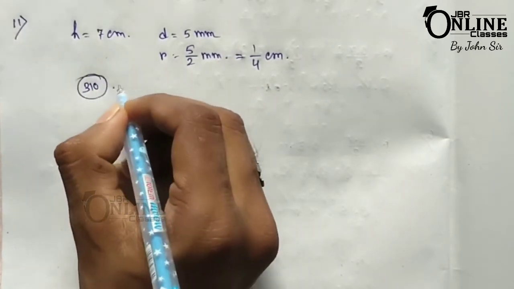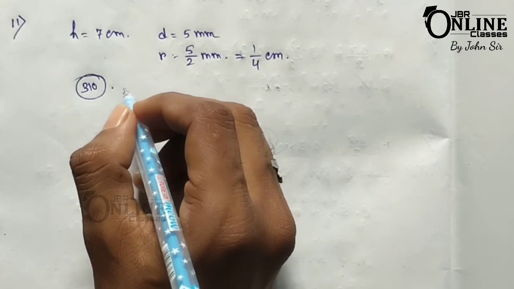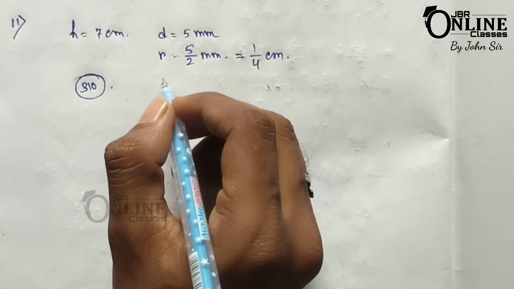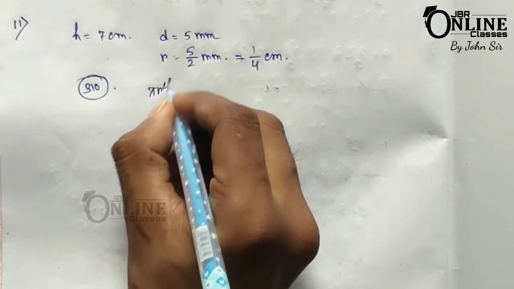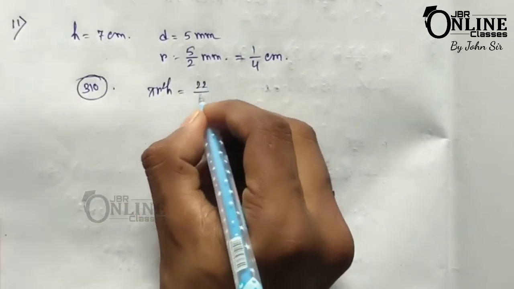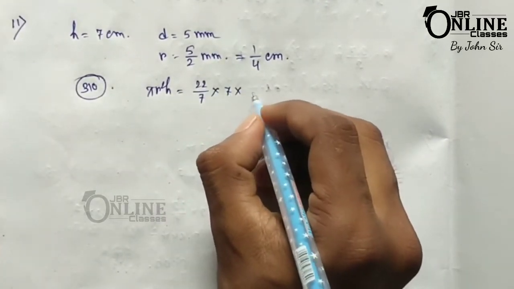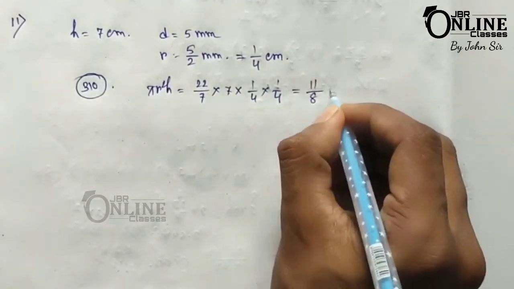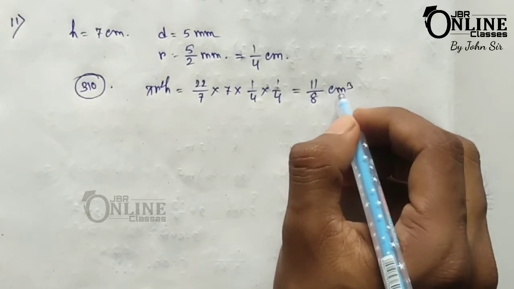So that means first you have to find out the volume of the full barrel. Okay, so here the formula pi r square h, so that equals 22 by 7 into 7, as 7 is the height, then r square means 1 by 4 into 1 by 4, and then you will get 11 by 8 centimeter cube. So 11 by 8 centimeter cube is the volume of the full barrel.